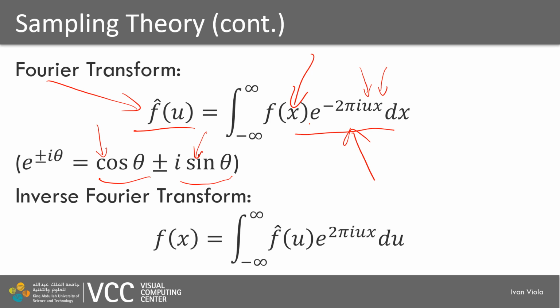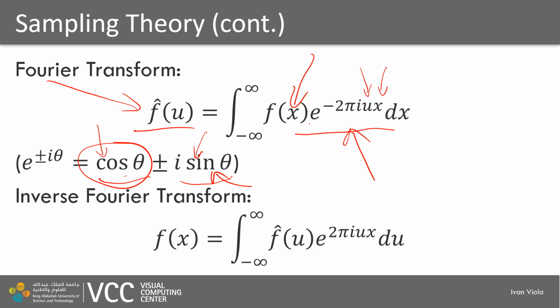So our real signal will end up in a symmetric function, but this symmetric frequency representation might have complex values. If our input function is an even function, then we will have only real coefficients in our frequency representation. So there will be no sine functions contributing to our Fourier decomposition.